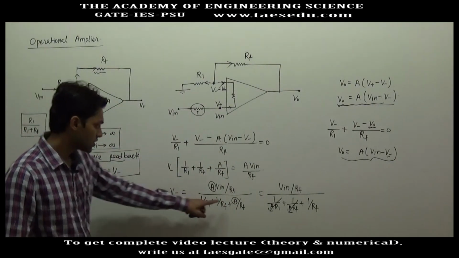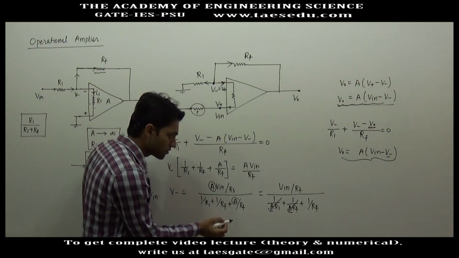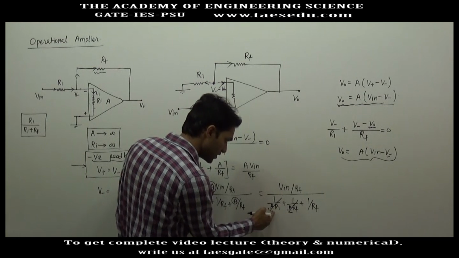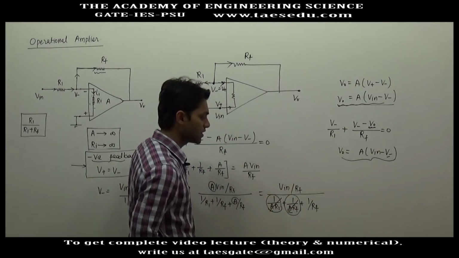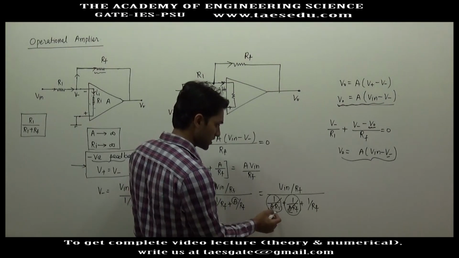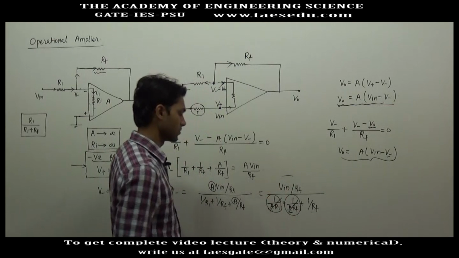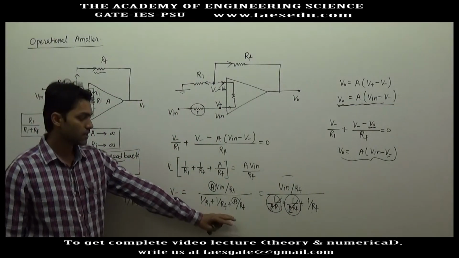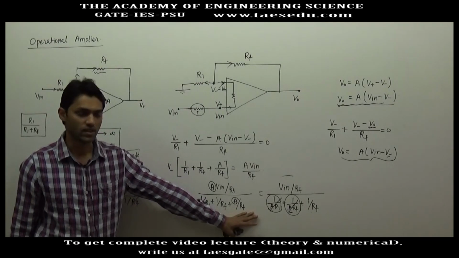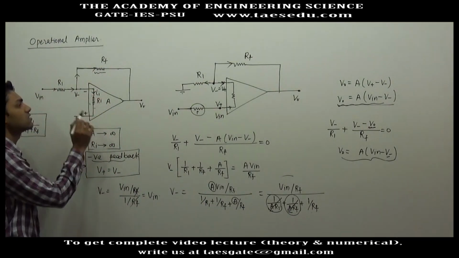If A does not tend to infinity, this quantity and this quantity will be significant, and this will get added to 1 upon RF. So you will never get V input. I will show you an example where A does not tend to infinity.